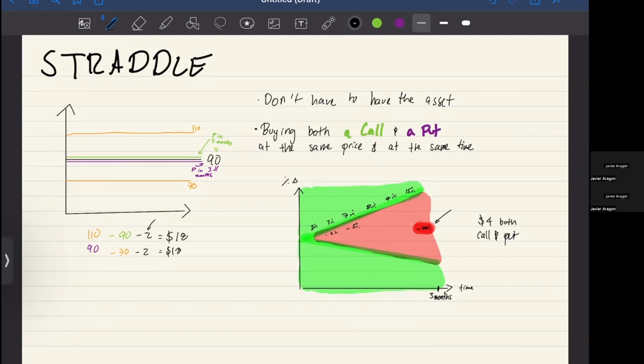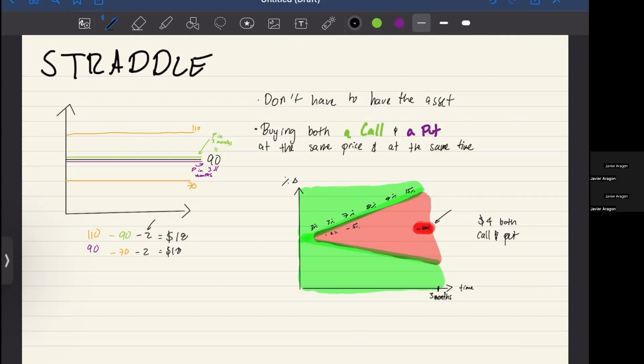Because say, for example, your bet's of $5, that already you needed to move up to 95, which means that is 5 over 90, that is, give me a second, that's a 5% change that you need in order to just break even.